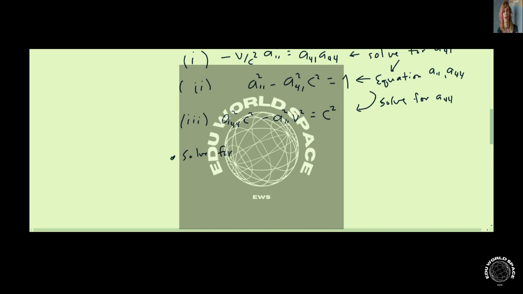For a41, I'll go ahead and square it, and the result is a41 squared equals v squared over c to the 4th, a11 to the 4th over a44 squared. Okay, so you want to sub this in equation 2.